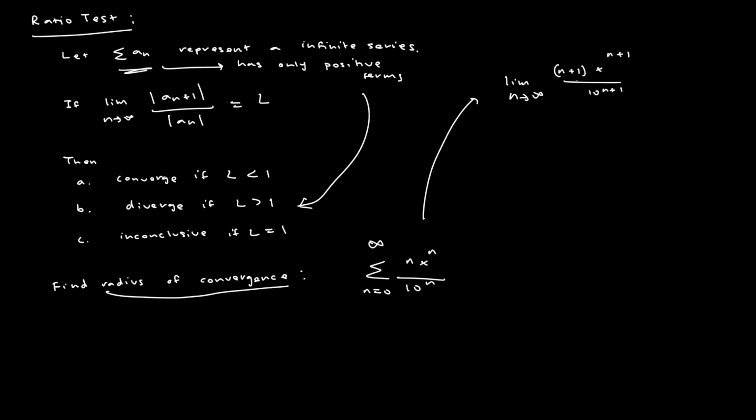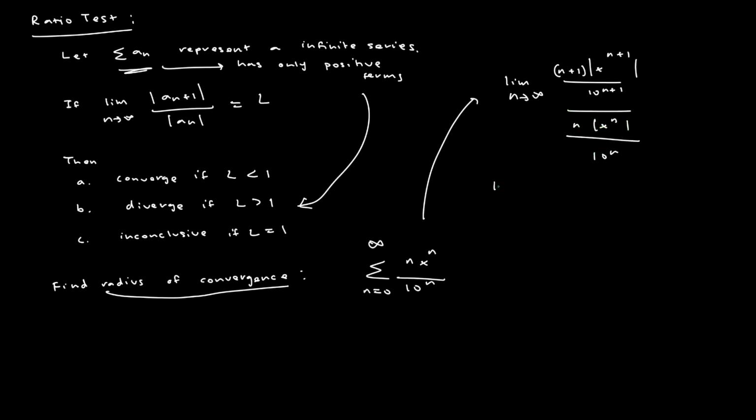Well, n is always positive, so the only thing I need to keep in the absolute value is this x, and then I'm going to divide by the nth term, so n times x to the power of n in absolute values divided by 10 to the n.